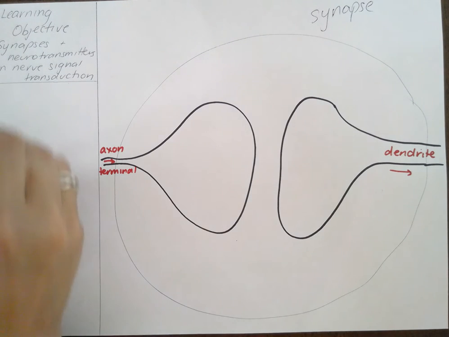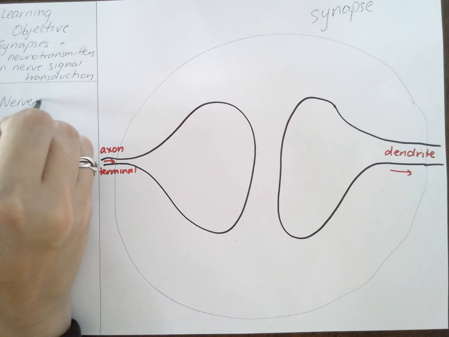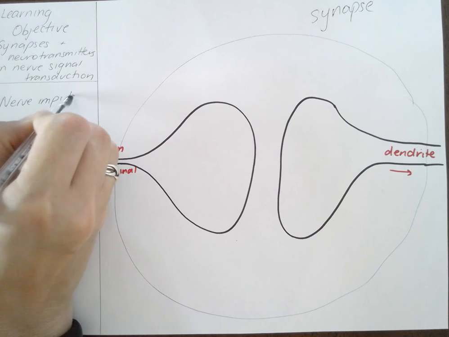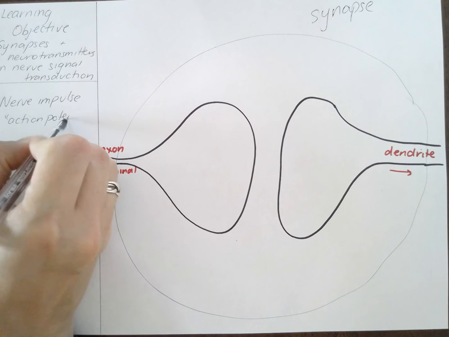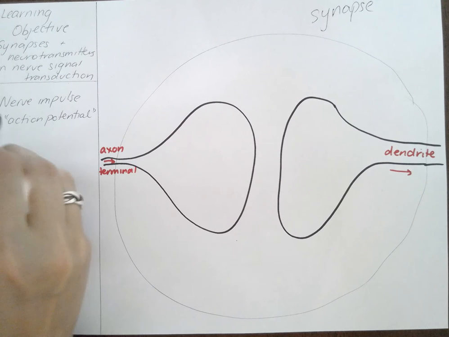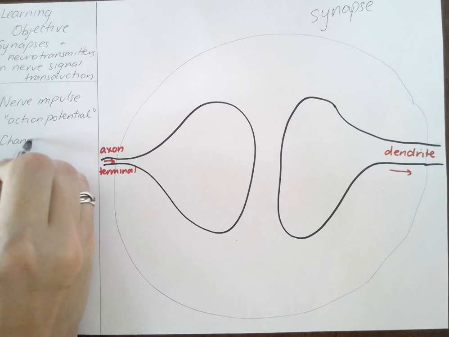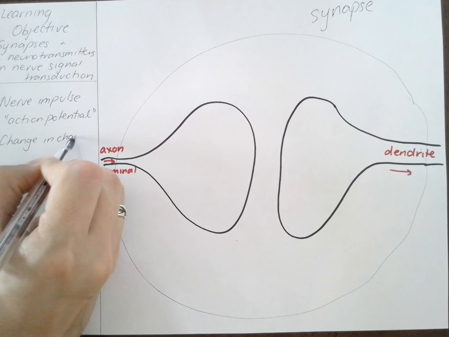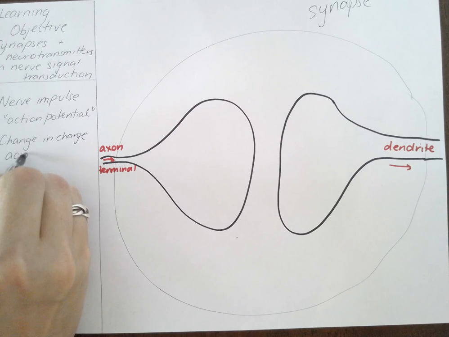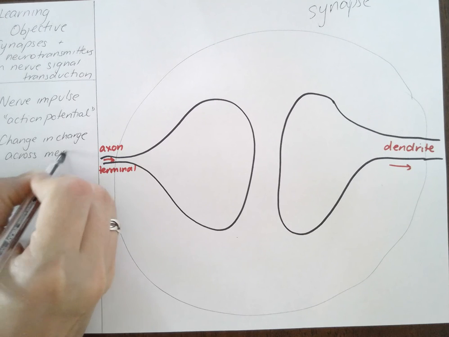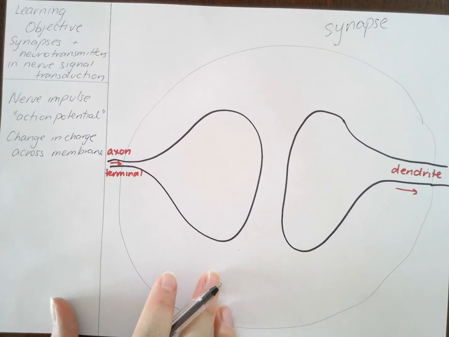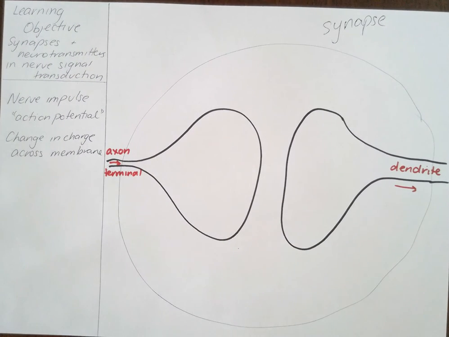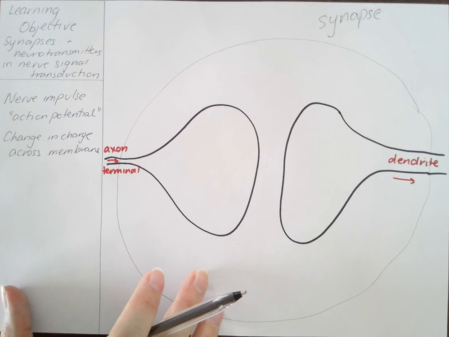A few important things here. When we talk about nerve impulses, what we're talking about is called an action potential. That means it's an actual change in charge across the membrane. We're comparing the outside of the cell membrane, remember our neurons are cells, to the inside of the cell.